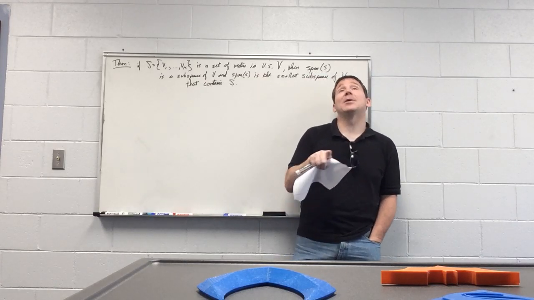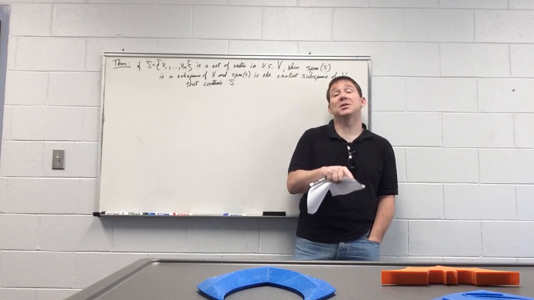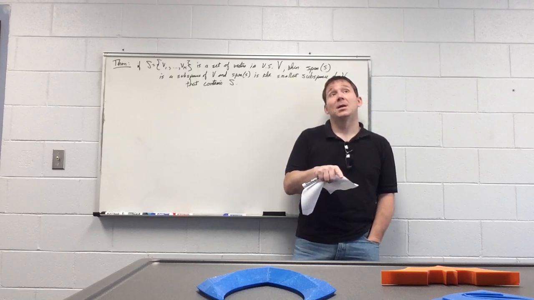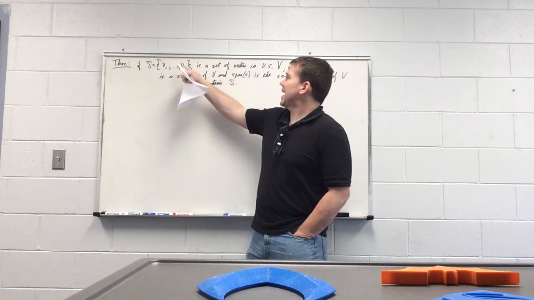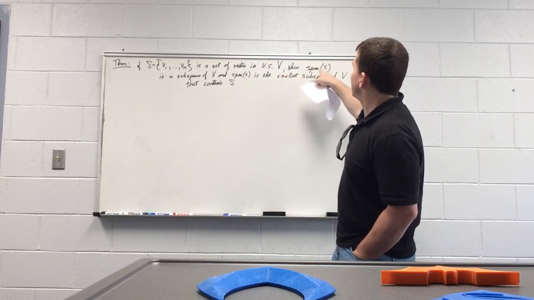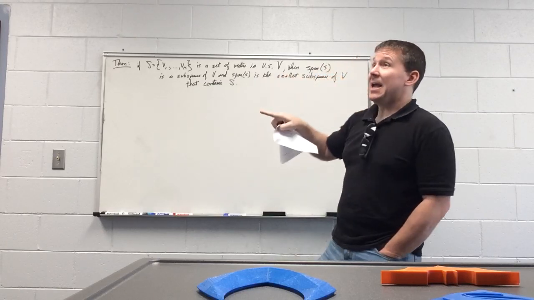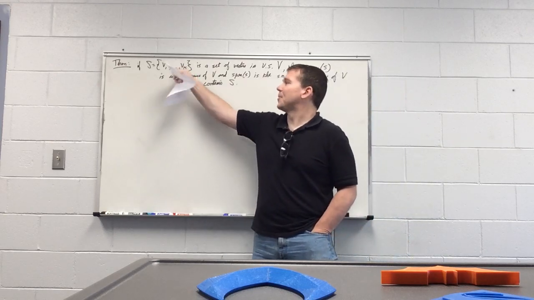We understand now, in order to show that something is a subspace, I have to show it's closed under addition and scalar multiplication. But if I take a couple of vectors in this set S, I need to show the span of S is linear combinations of those vectors.